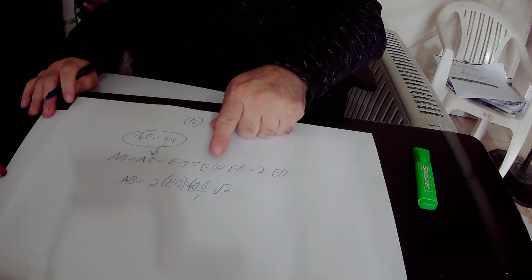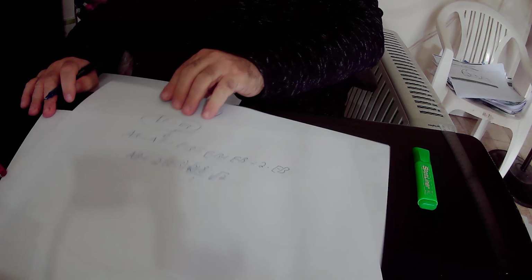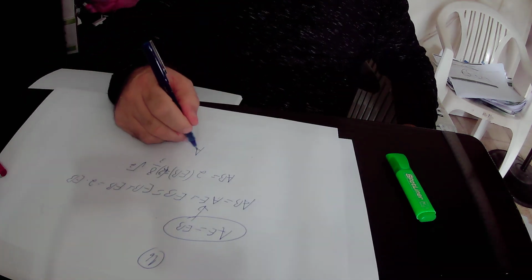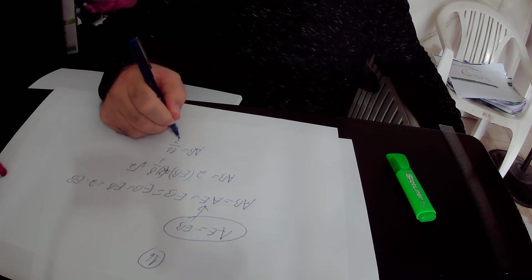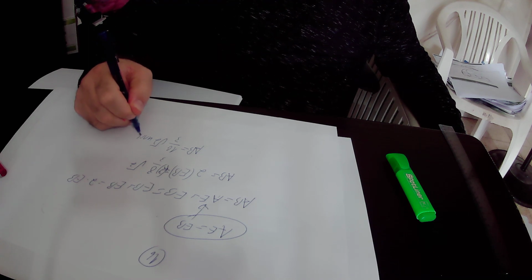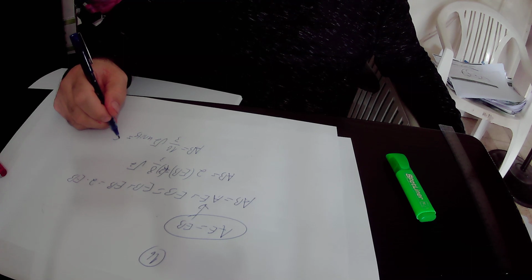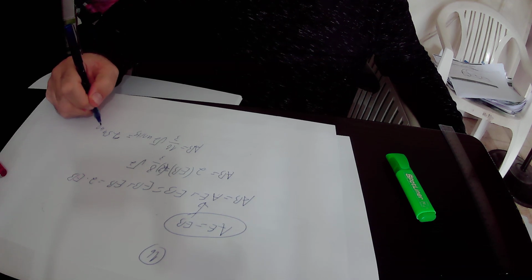So 2 times EB will be equal to 2 times 8 over 3 times square root of 2 units. That is to say, AB equals 16 over 3 times square root of 2 units, or in terms of numbers, it equals 7.54 units.